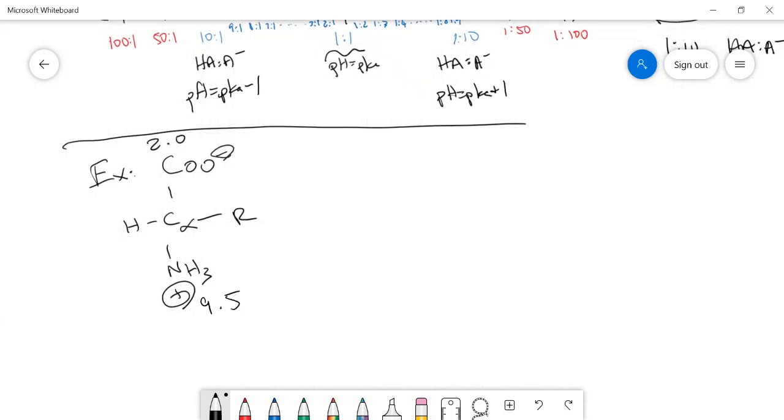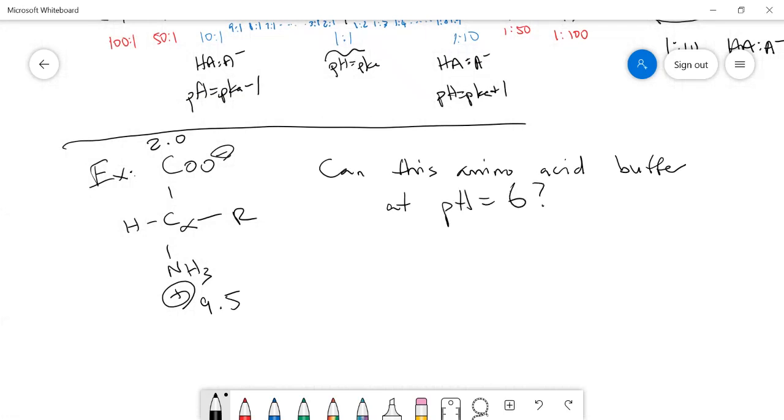Can this amino acid buffer at pH equal to 6? Well, let's find out. I have 2 pKs that I drew out over here: 9.5 for the alpha amino group, 2.0 for the alpha carboxyl group.